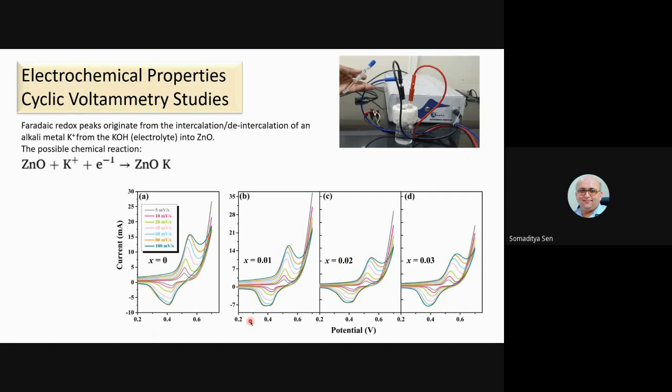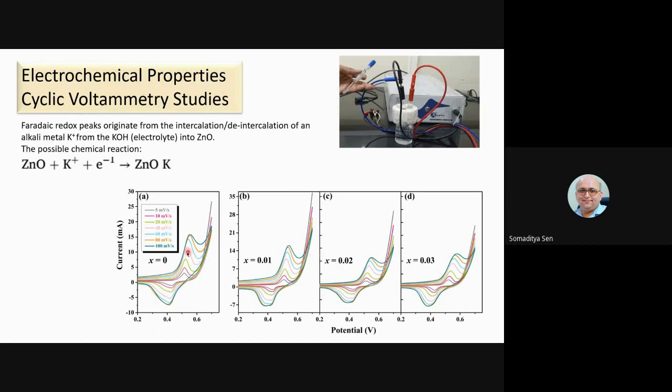So the K plus and the zinc oxide, with the help of the electron, form an intermediate, and then it can be reversed when you put the reverse rate. And then this type of graph is obtained.